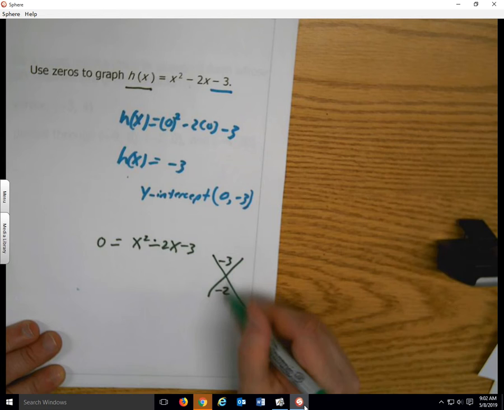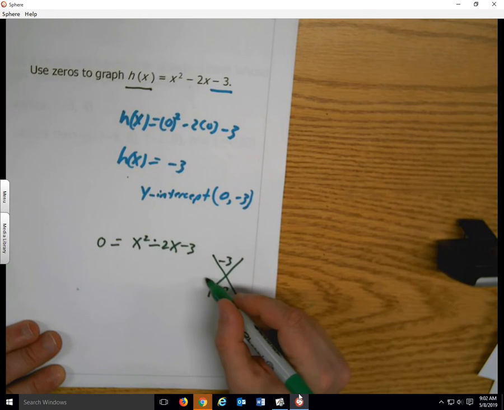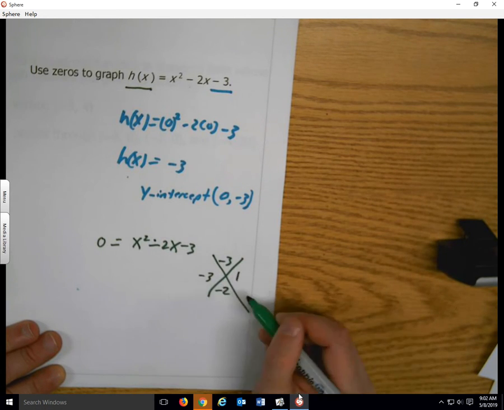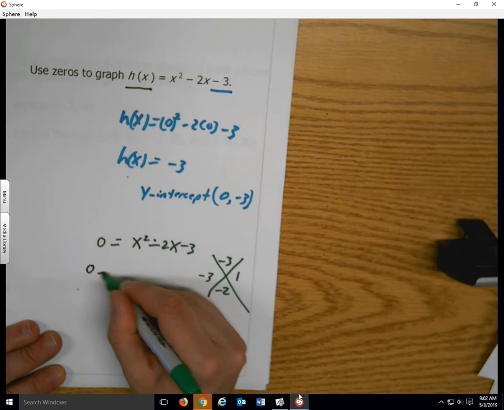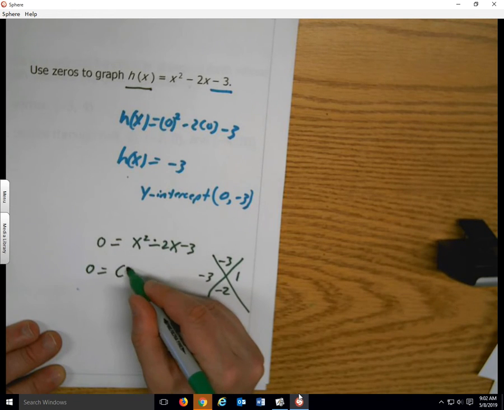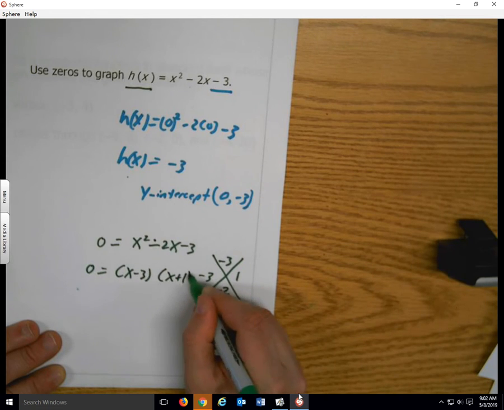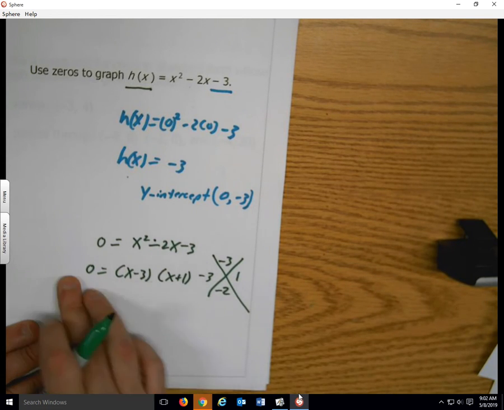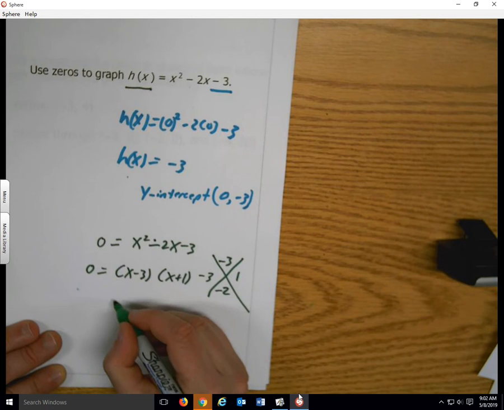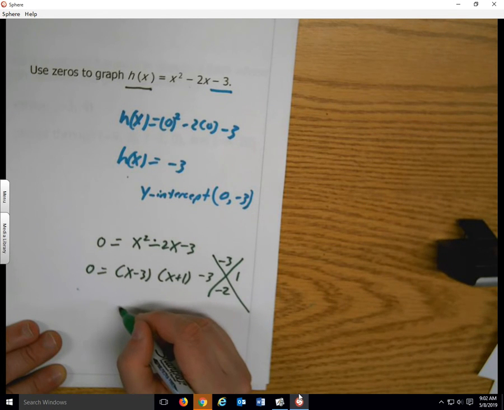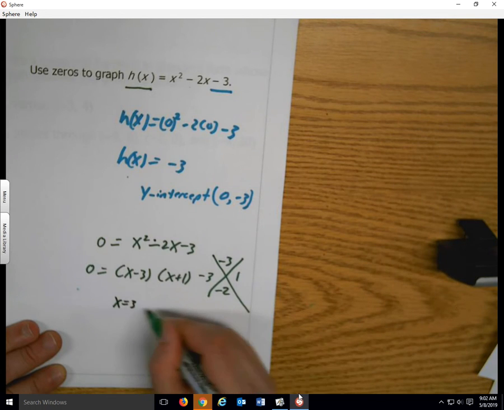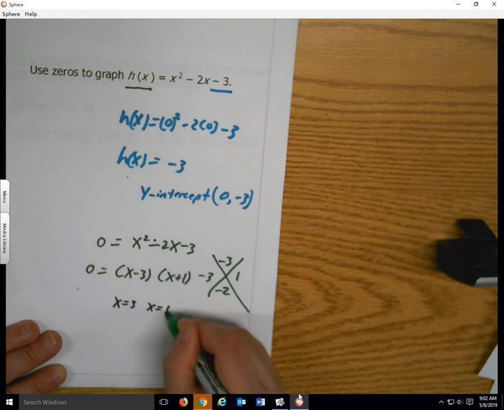What multiplies to a negative 3 but adds up to a negative 2? The negative 3 times 1. So it's 0 equals x minus 3 times the quantity of x plus 1. We just set them both equal to 0, and so x would equal 3, and x would equal 1.